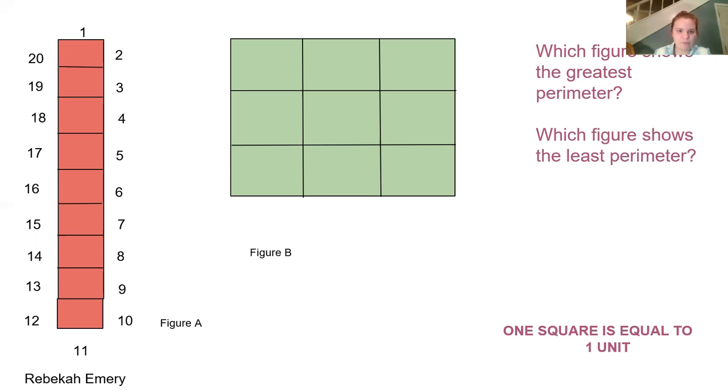Now let's look at figure B and find its perimeter. 1, 2, 3, 4, 5, 6, 7, 8, 9, 10, 11, 12.